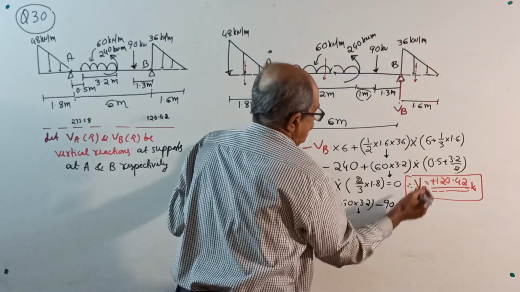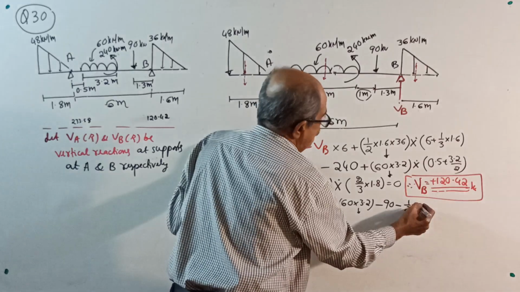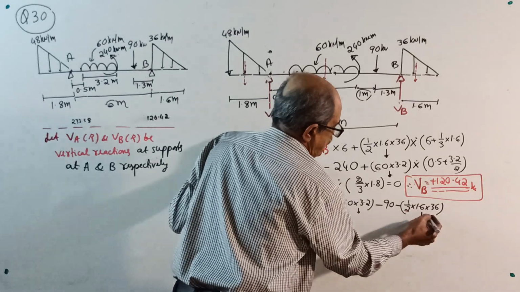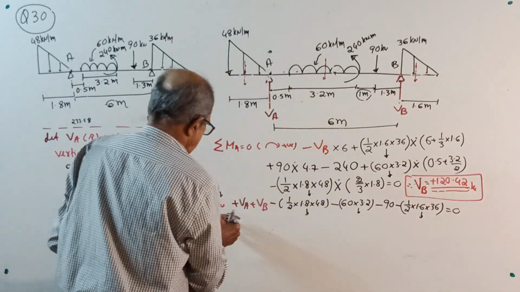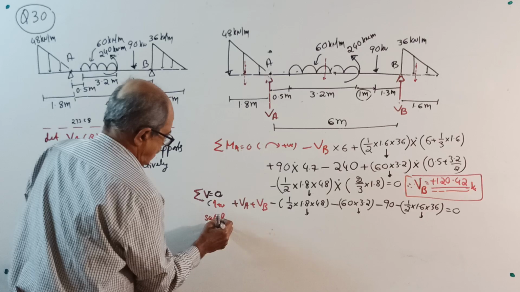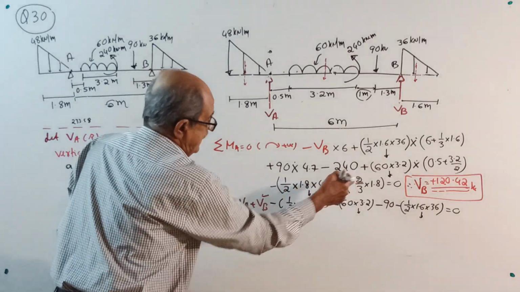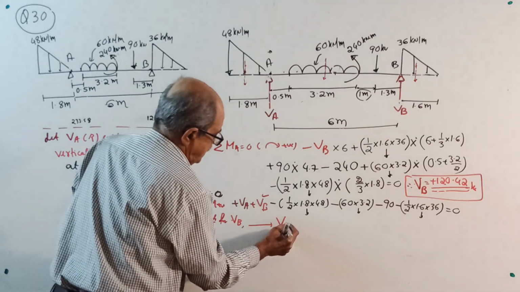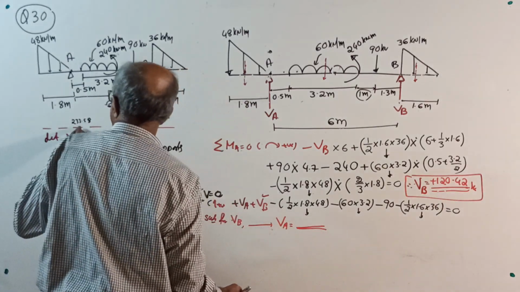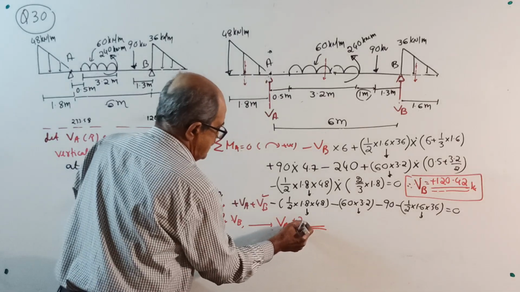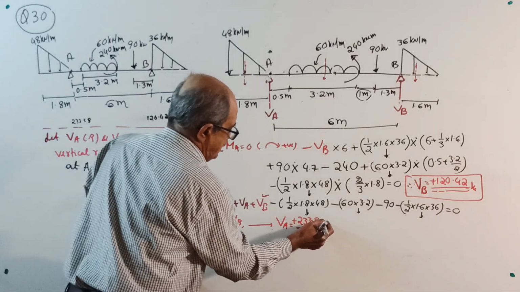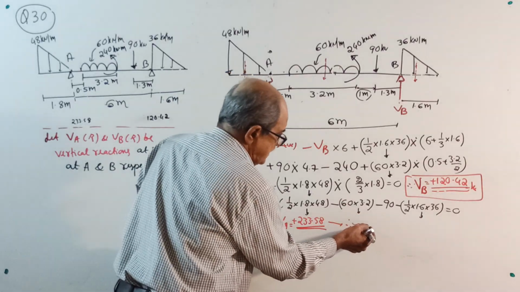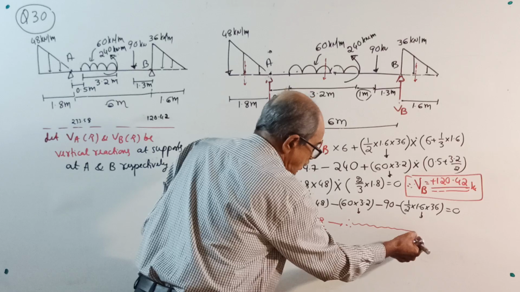Minus this total load, half into 1.6 into 36, equal to 0. What do you do now? Substitute whatever VB you got, simplify, you will get the value of VA. 233.58 kilonewton. Now, therefore, the reactions at the supports are as shown below.